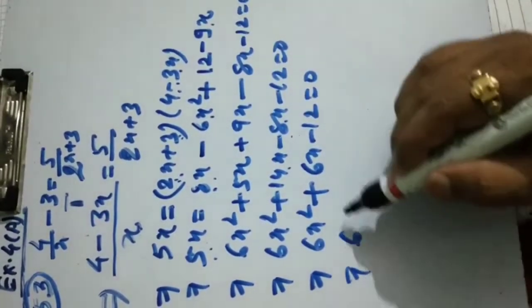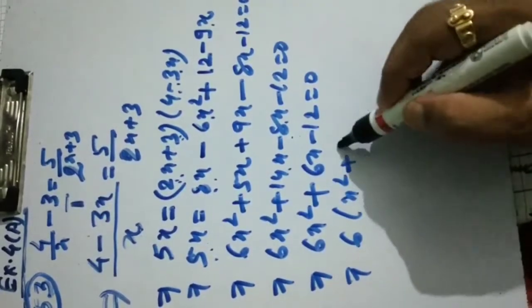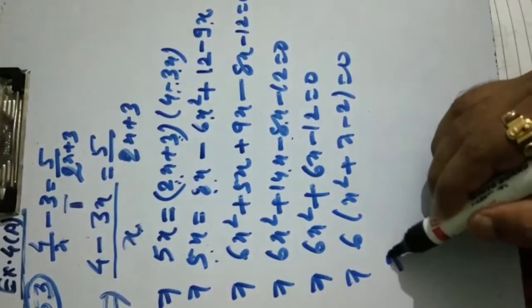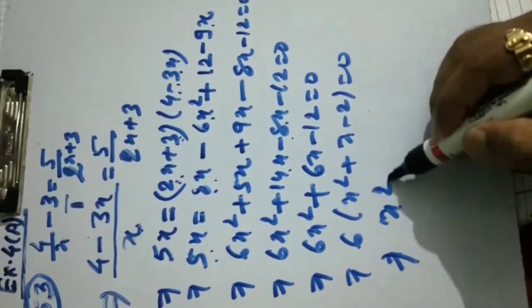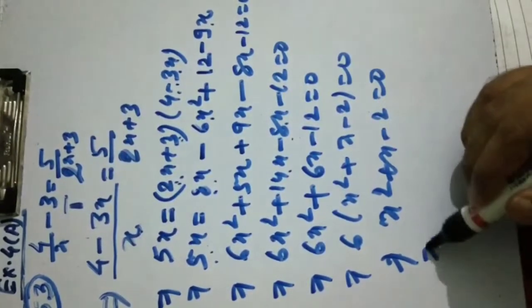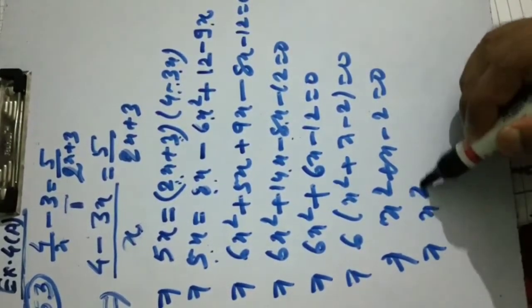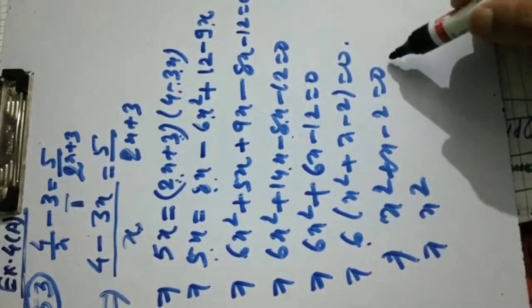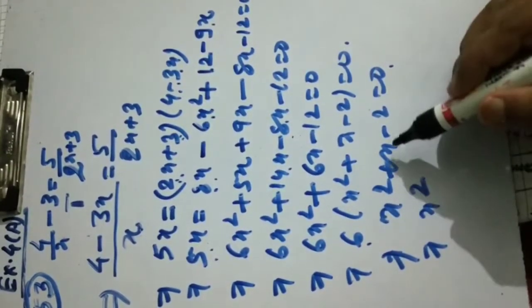This implies that 6 is common. x square plus x minus 2 is equal to 0, since 0 divided by 6 will be equal to 0, and now we have to factorize it.